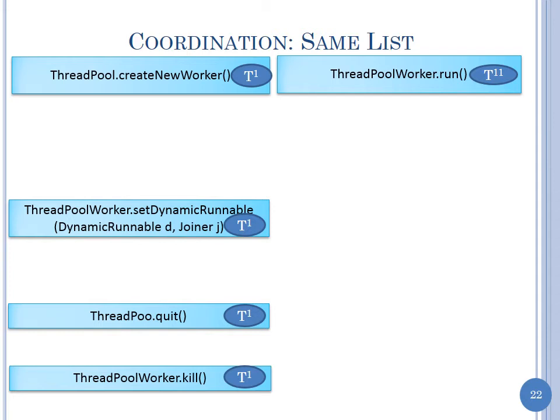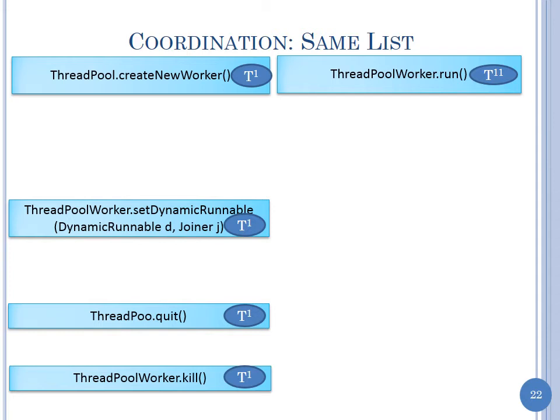So the parent thread is going to actually say create new worker, because it does the fork. Set dynamic runnable is executed by the parent, quit by the parent, killed by the parent, right? Because threadpool worker.quit then calls threadpool.kill.